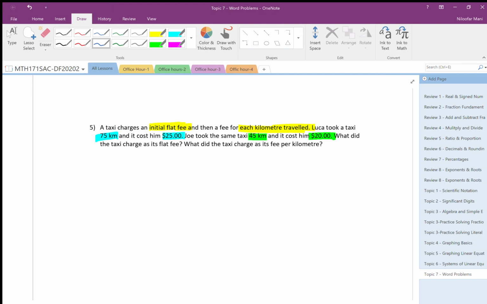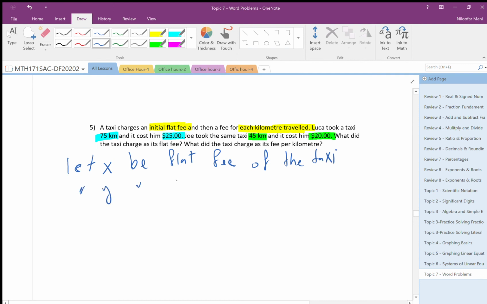Okay, so I can say let x be the flat fee of the taxi, let y be per kilometer of the taxi when we use the taxi.